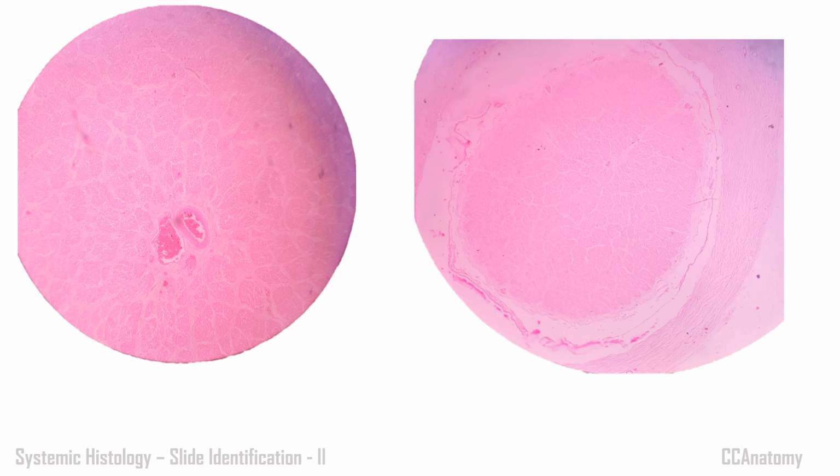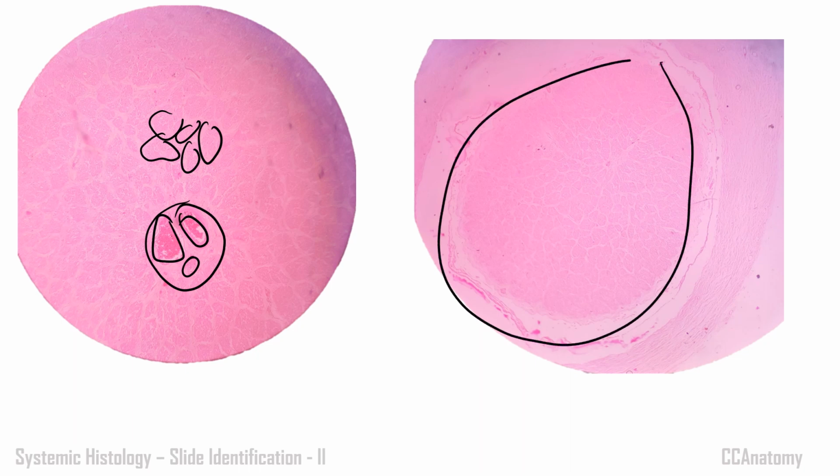Then moving to the next slide, you can make out multiple fasciculi of axons. This is the key point. You can see some blood vessels here. This is nothing but the central retinal artery and vein, and in low power you can see its covering.